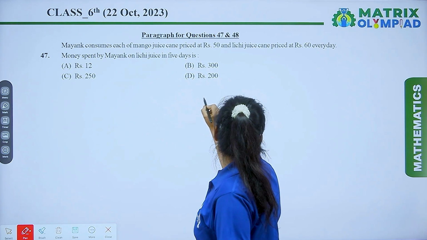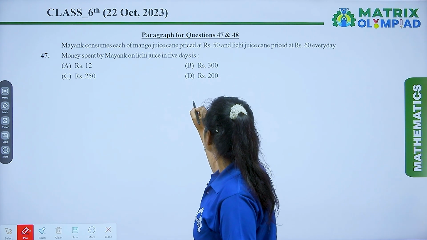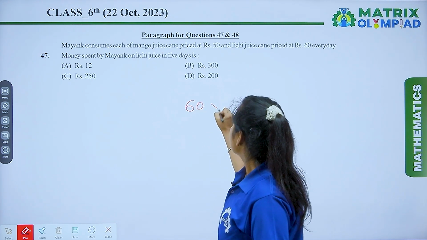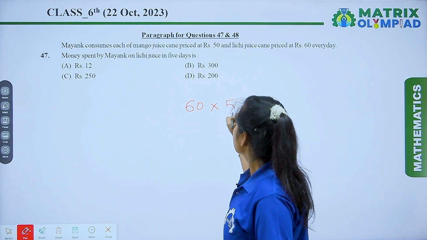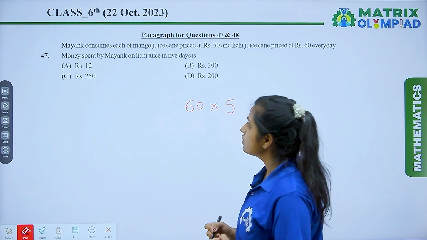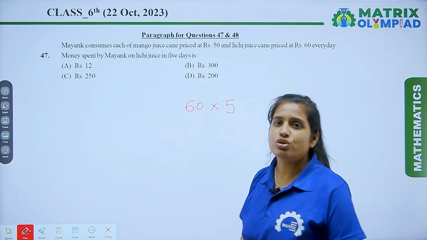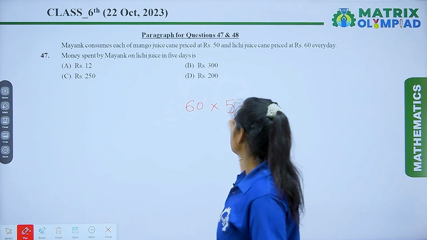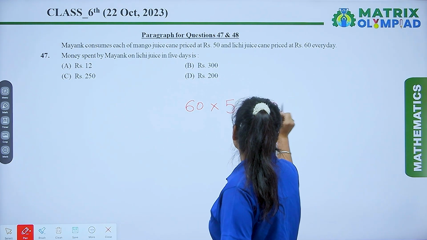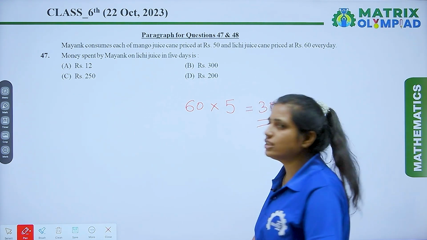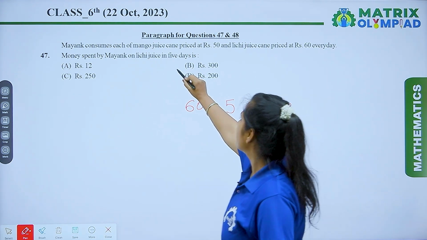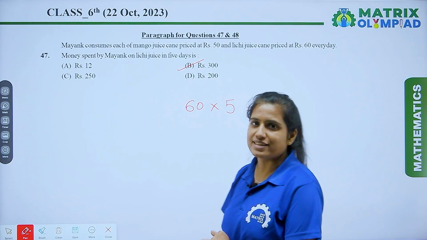So price rate of lychee juice is rupees 60 and Mayank is continuously spending money on this lychee juice for 5 days. So it is 60 multiplied by 5. Here the answer is rupees 300. So option B is the correct answer.